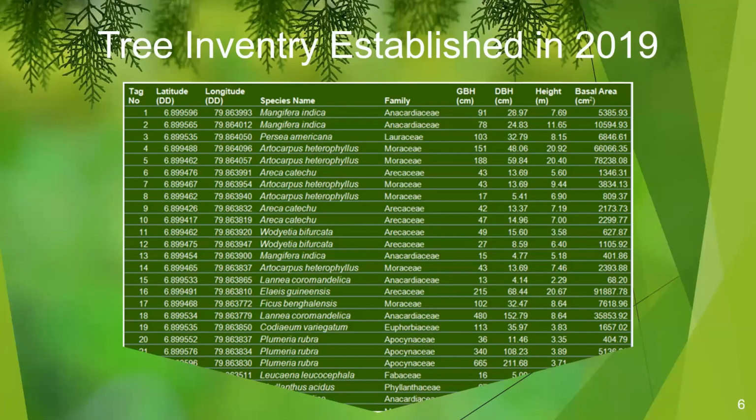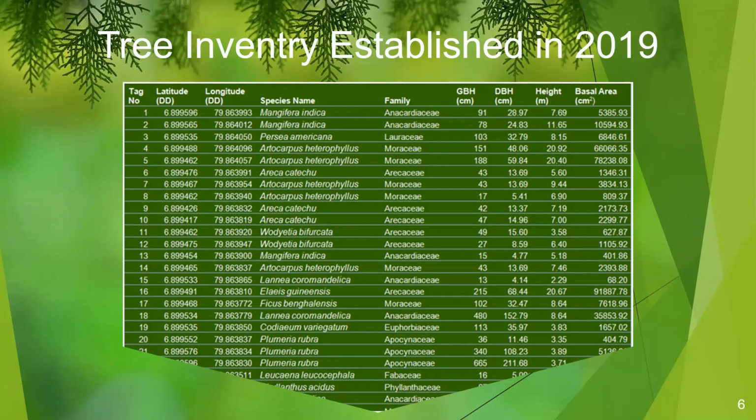This was, I think, the first time we did it for the university, and we tried to identify each tree species in the university to the species level. We included all the trees which have a diameter greater than 3 centimeters.